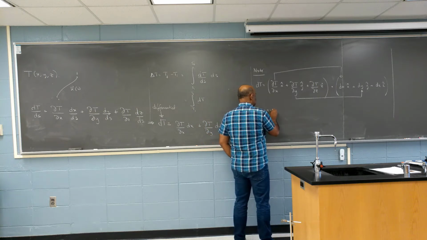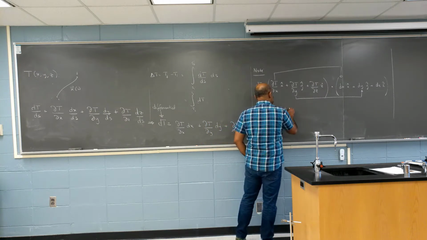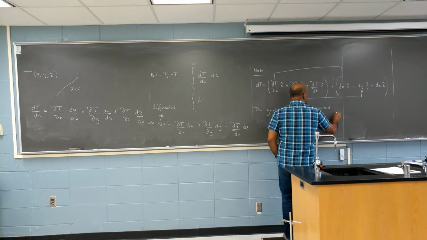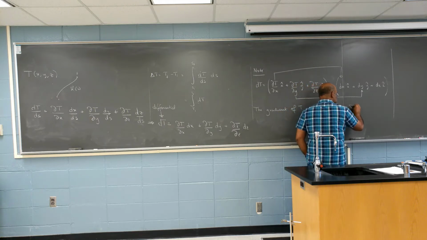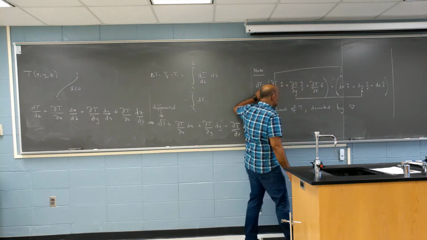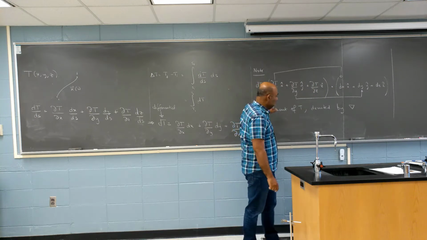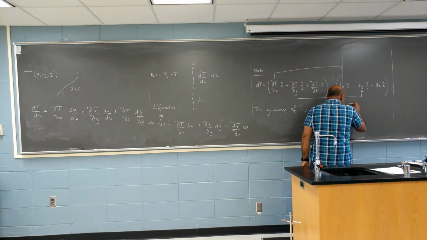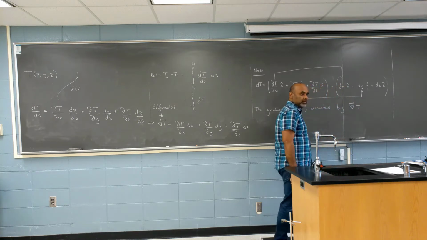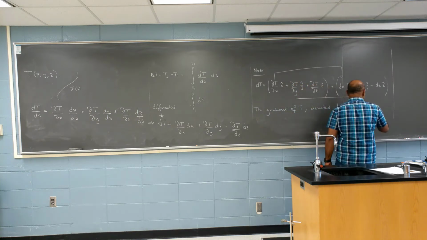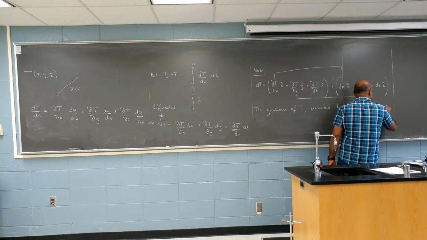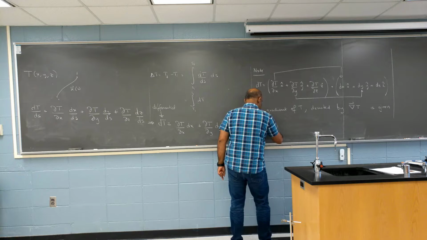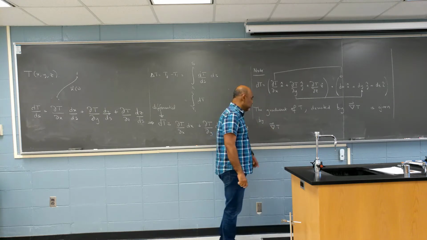Because when I take the dot product, I do this guy times that guy plus this guy times that guy. And similarly for z. Just using our notation. The gradient of T denoted by, so I'm going to take a scalar, a function, and make it a vector. Your book just puts it in bold. Again, I don't come in bold. It is given by the gradient of T, or any function, it doesn't matter.